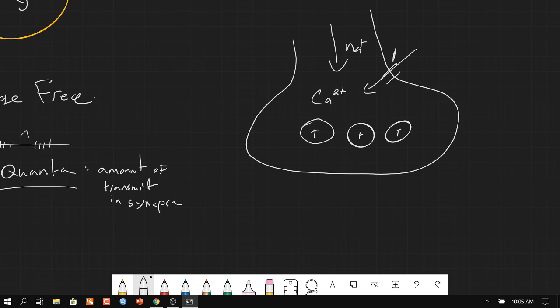The vesicles have the transmitters in them. Why do we keep the transmitters in these little membrane sacs? Balls, if you will. I'm sorry. Okay, why keep the transmitters inside? Well, it keeps them from activating elsewhere in the neuron.